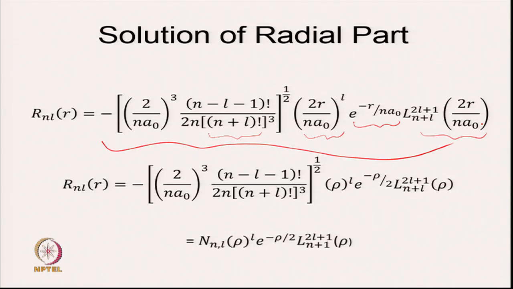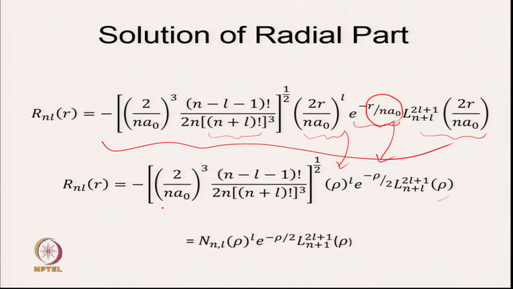In short, what we can do is take 2r by n a naught as rho, and then you can simply write rho to the power L, and here in place of r by n a naught you can write rho by 2, because you remember rho is 2r divided by n a naught, and so r divided by n a naught will be equal to rho by 2.